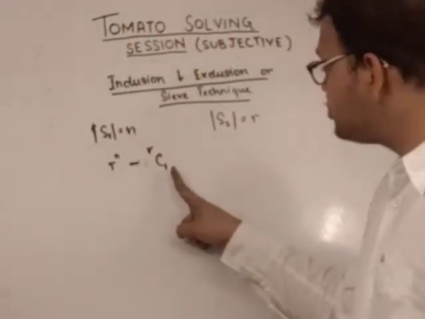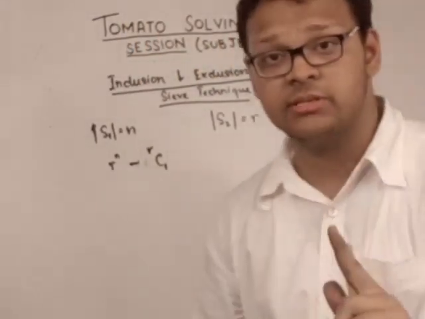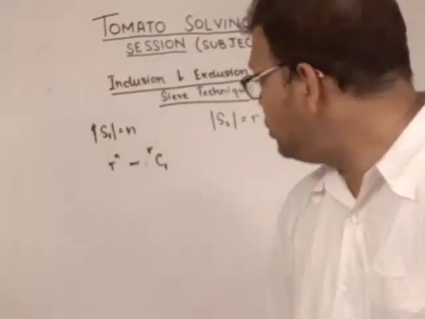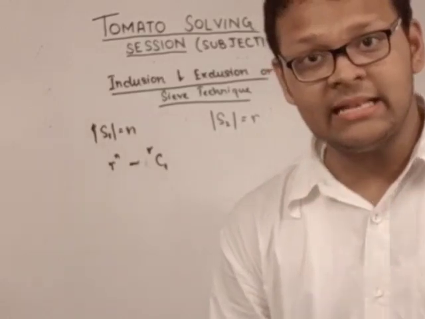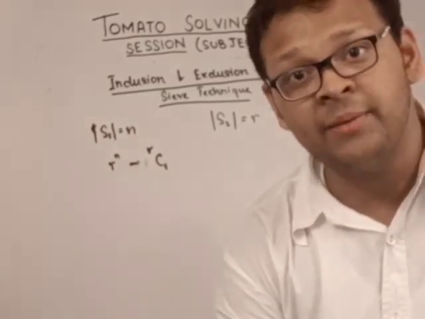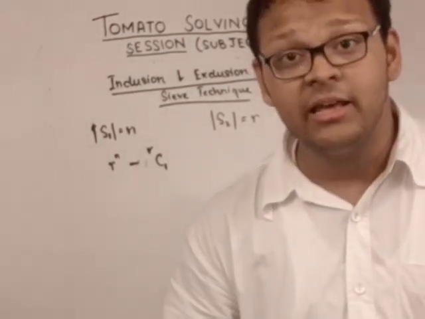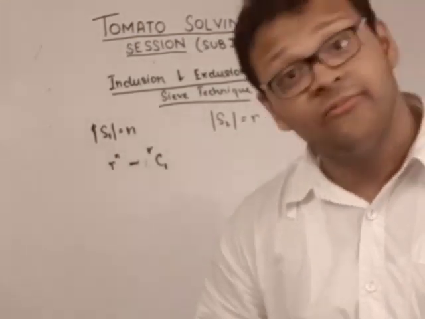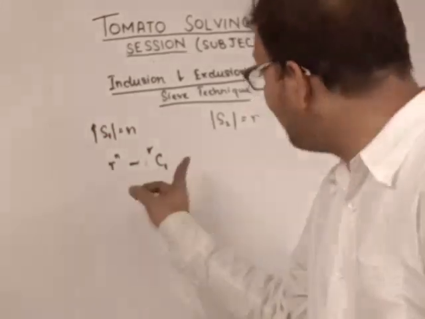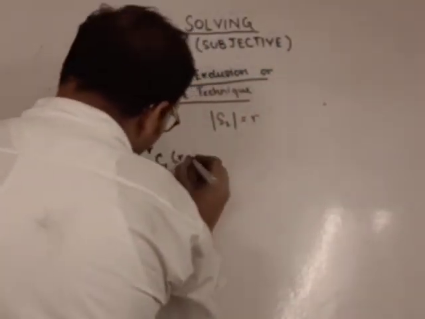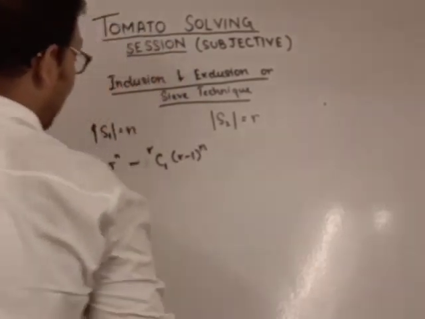What did I do? I just selected a single box and made it empty. In the sense you make it empty, the other boxes have to be filled. In how many ways can the other boxes be filled? The number of functions, but one box is out. So what is the number of functions now? (r minus 1) to the power n.